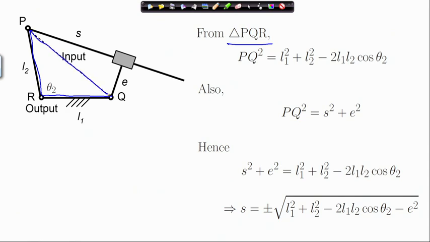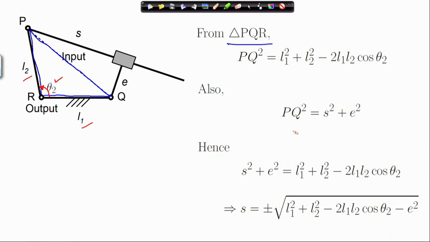This is the angle theta 2, which is specified. So, from cosine law I can write PQ square is L1 square plus L2 square minus 2 L1 L2 times the cosine of the included angle. So, that is PQ square.